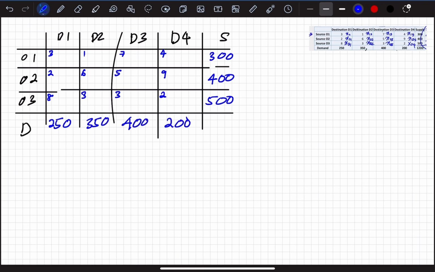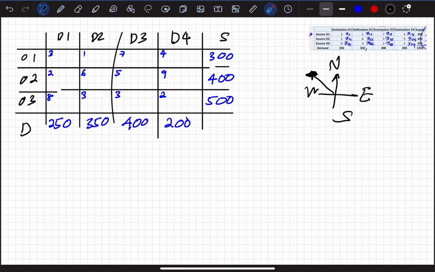Okay, so what is the first step of the northwest corner method? It is filling up the cell at the northwest, the top left corner. Because if you draw north-south, west-east, this is our place there.